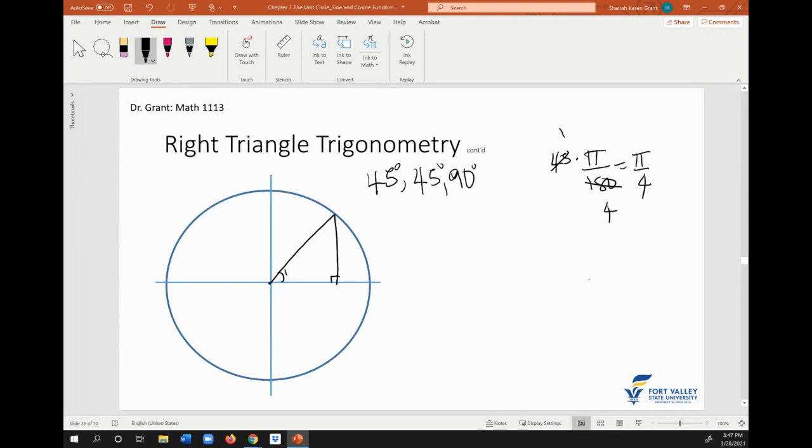So both of these angles are going to be pi over 4. If both of these are pi over 4, then my sides are going to be the same, S and S. And then my hypotenuse is going to be the square root of 2 times S. So for any 45, 45, 90 degree triangle, this relationship holds for the sides.